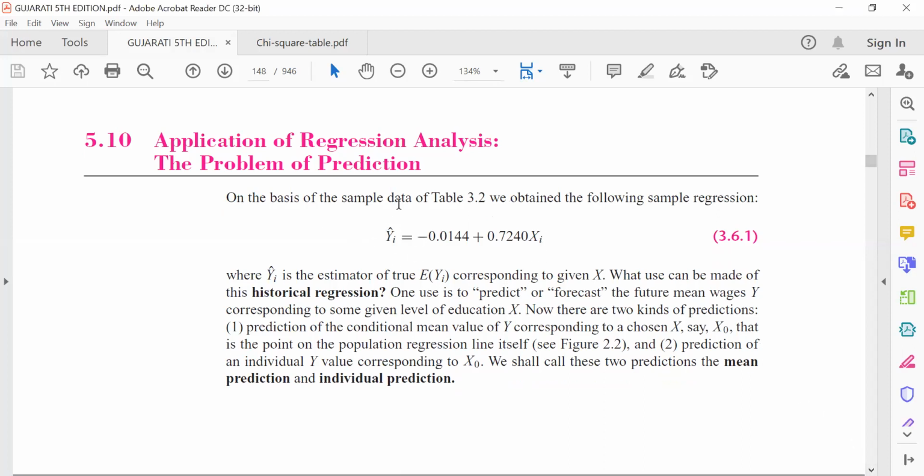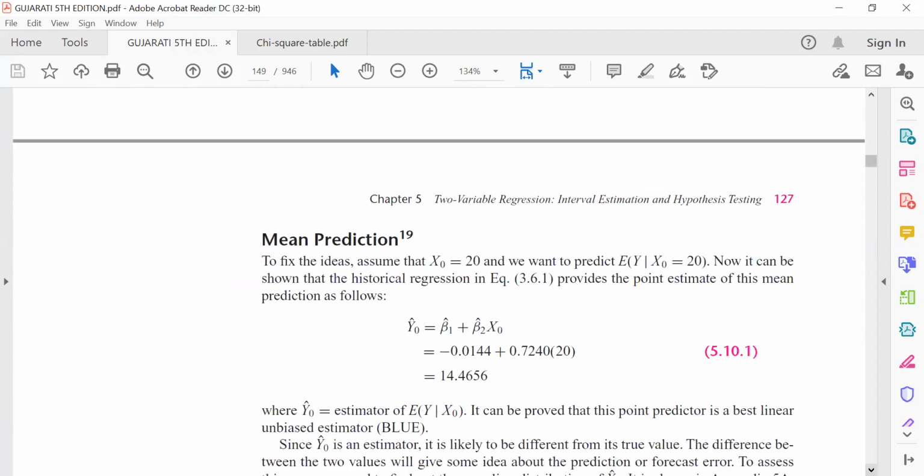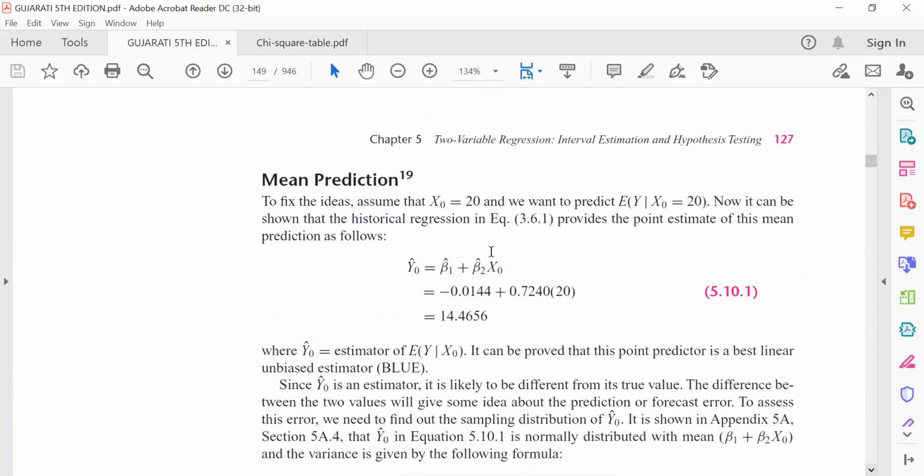This is the estimated result, the generated equation 5.6.1. Mean prediction: for example, if we impose x equal to 20, we insert the 20 here, we get minus 0.0144 plus 0.724 times 20. We get 14 point something.